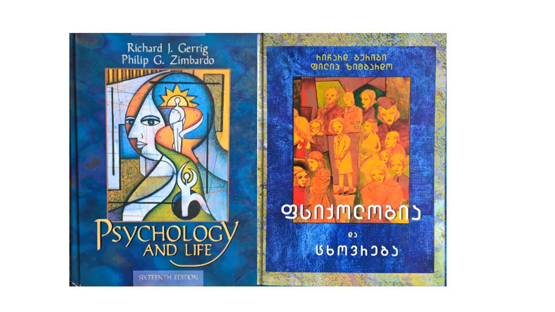Zimbardo is the proud father of Adam, Zara, and Tanya. His wife, Christina Maslach, is a professor of psychology at the University of California, Berkeley, and also an award-winning distinguished teacher. Philip G. Zimbardo.